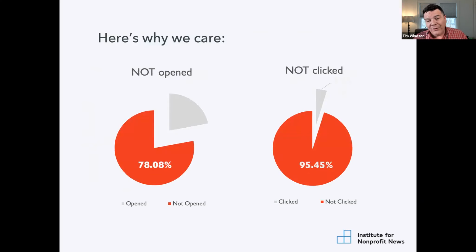And it's really important to remember what we're dealing with here. There's a vast amount of the mail that you put your hard effort into, the time, the talents of you and your team, the efforts to put it together, to build the list, and so many of them are not opened, so many of them are not clicked on.